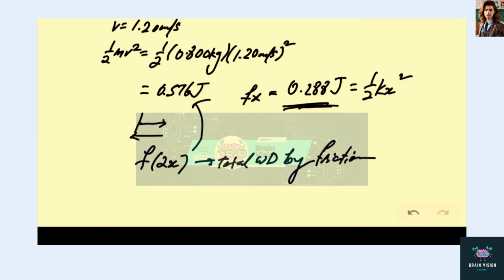And with this we can calculate what is our x, which is just the square root of 2 times 0.288 divided by k. This gives us about 0.107 meters.